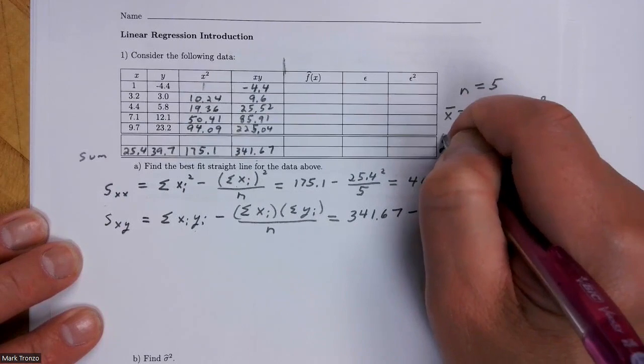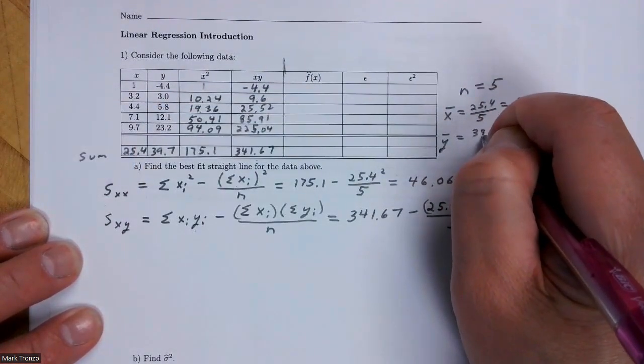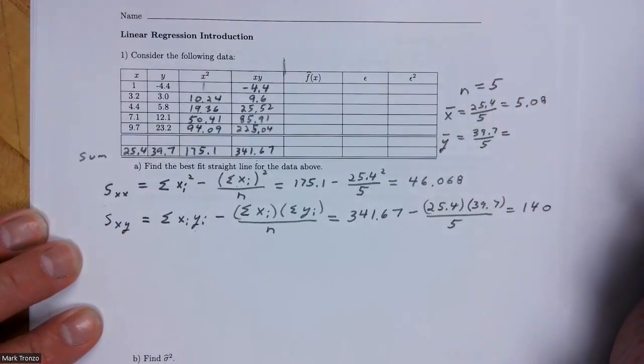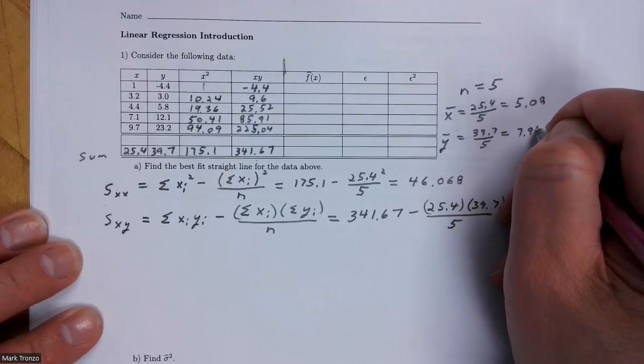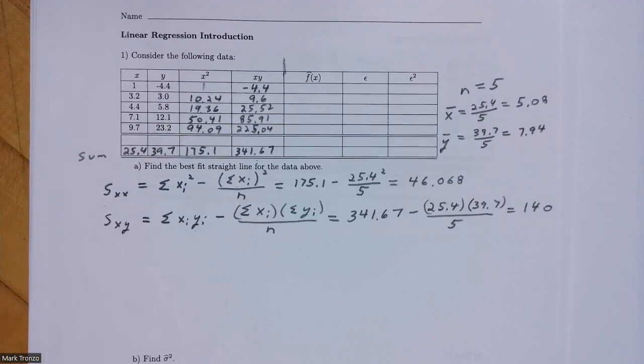And then the Y bar is going to be this 39.7 divided by 5. And that's going to be about 7.94. The reason we needed that, we're going to use it here in a minute to find the y-intercept.